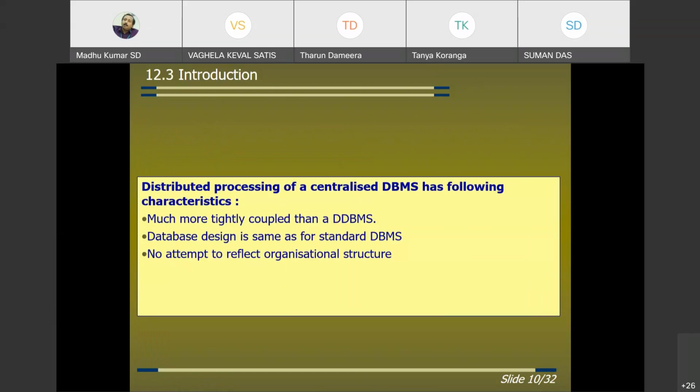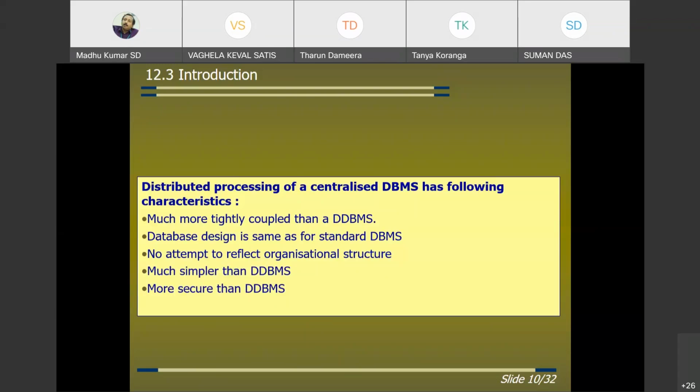The database design is the same as a standard DBMS, with no attempt to reflect the organizational structure. So it is much simpler than a DDBMS. The centralized databases are much simpler than distributed database management systems.